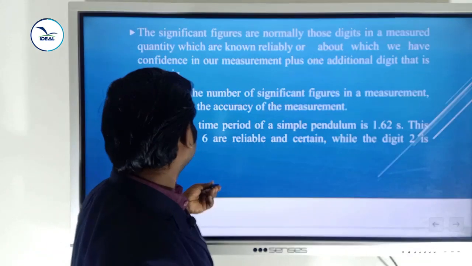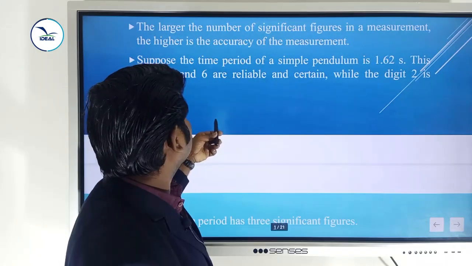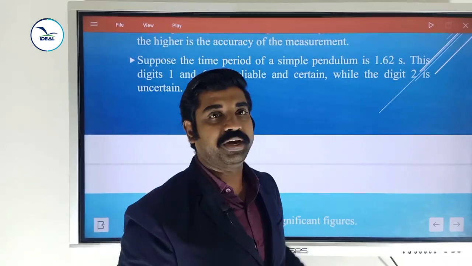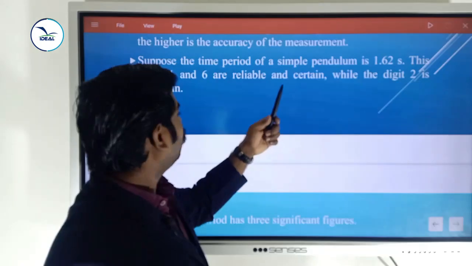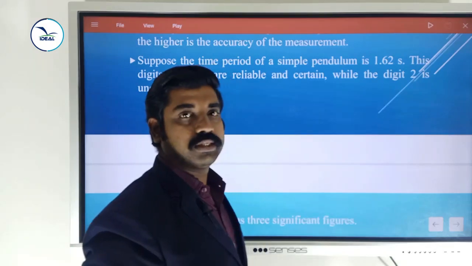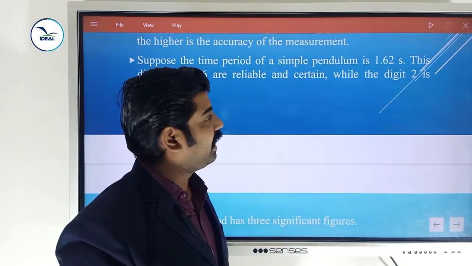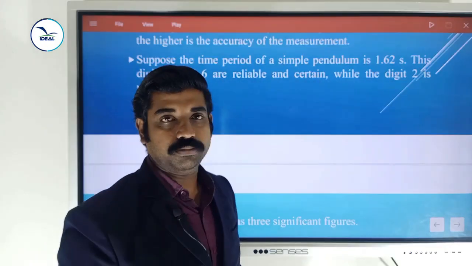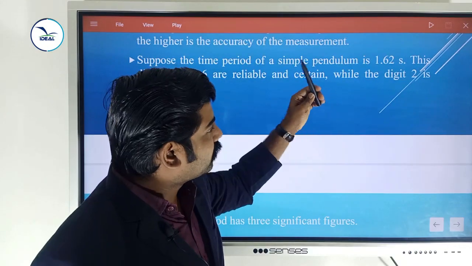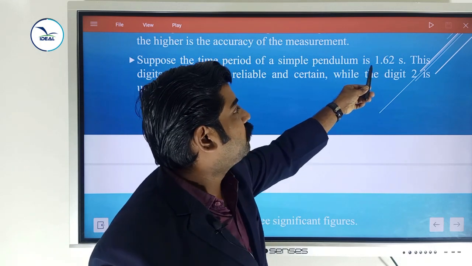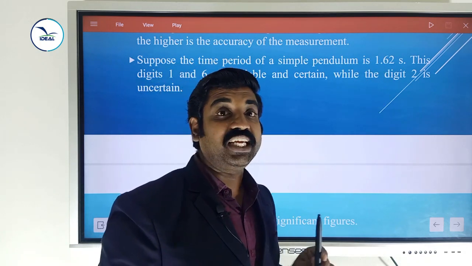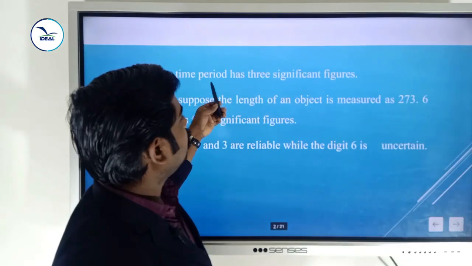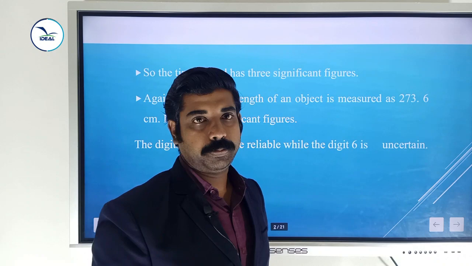Suppose we consider an example. Suppose the time period of a simple pendulum is 1.62. Here 1 and 6 are reliable, while the digit 2 is uncertain. So this indicates that 1.62 has three significant figures.